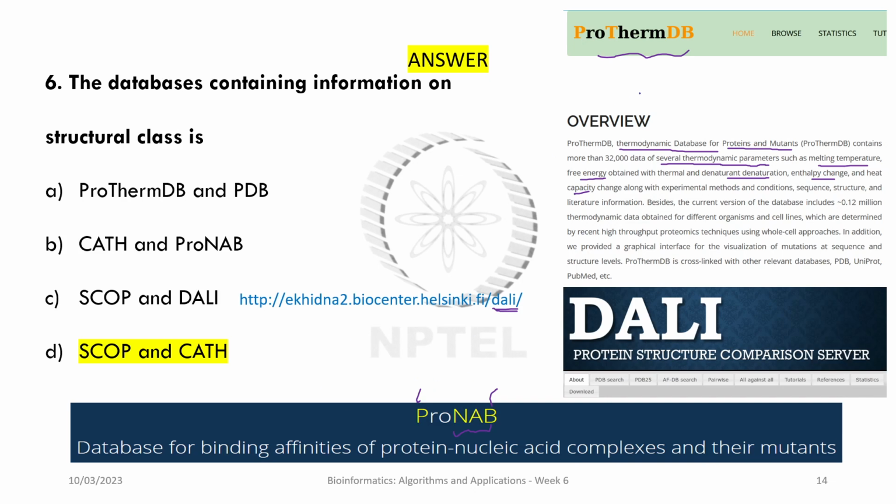ProNAB and ProTherm DB are developed by Dr. Gromiha's lab, I guess. So those were about these three servers, databases, right? So the correct answer is, of course, SCOP and CATH, as you all said.